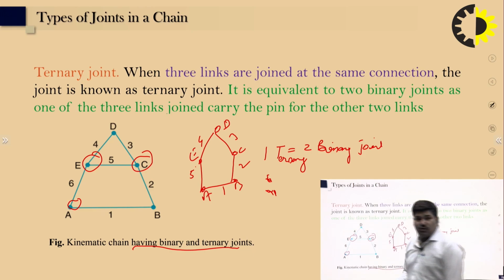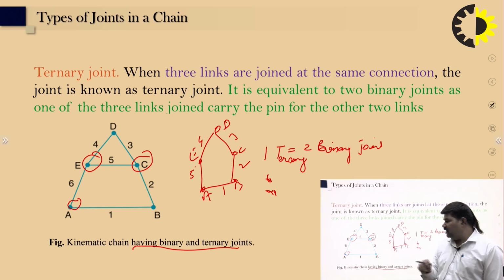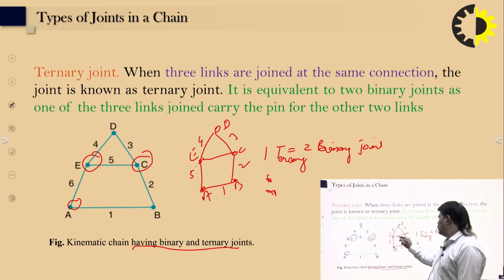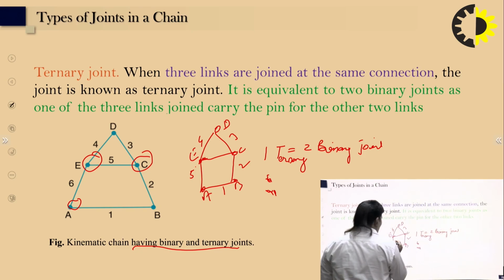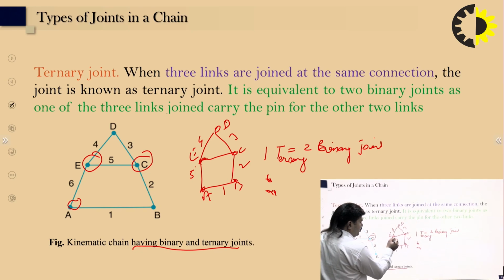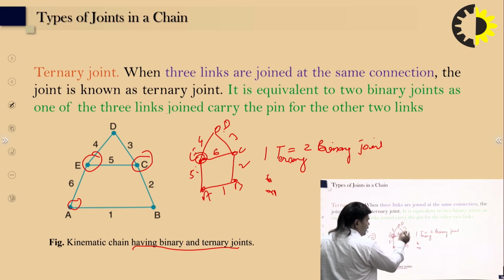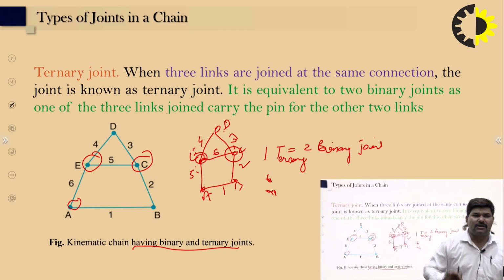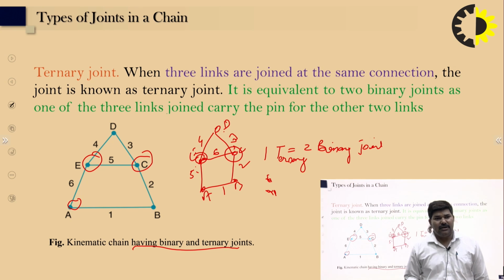One link is added connecting E to C. So at point E, links 5, 6 and 4 are connected, and at point C, links 6, 3 and 2 are connected. So points E and C are ternary joints.